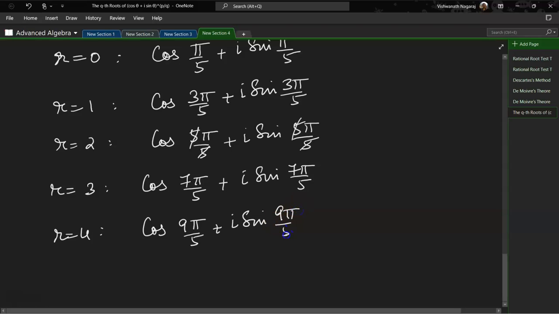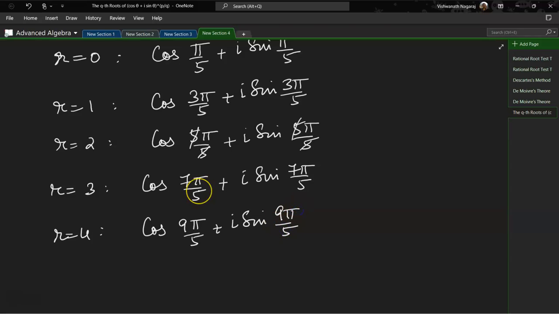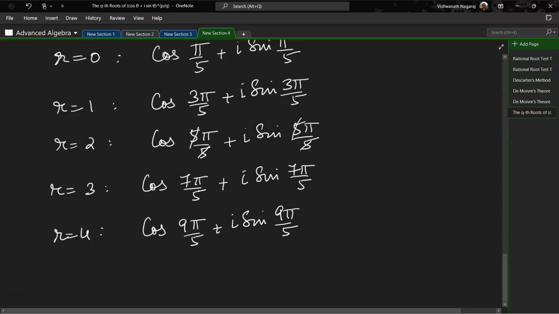Okay, when R equal to 3 and 4, if you notice here, the numerator has become bigger than 5: 7 is greater than 5, 9 is greater than 5. So what we can do is subtract 2 pi from this.